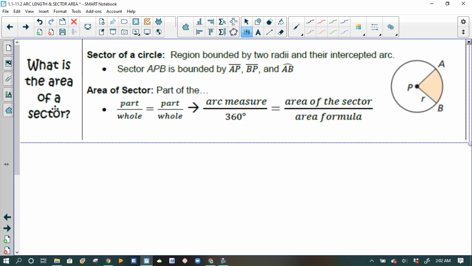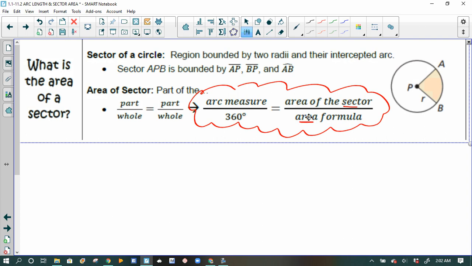So the next thing we're going to do is we're going to find the area of that slice of pizza. So it's going to be shaded. Okay. You're going to almost use the exact same proportion. Still arc measure, still 360, but now you're looking for the area of the sector, and now you're going to use the area formula.